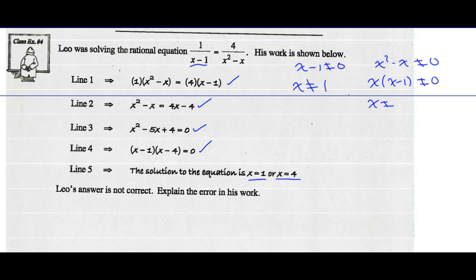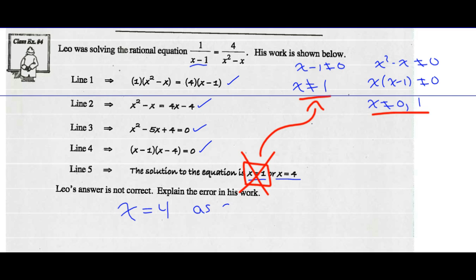So x can't equal 0 or 1. So I've got non-permissible values of x can't equal 1 or x can't equal 0. I go to my solution and it says x equals 1. But I notice that's a non-permissible value, so that should not be allowed. So the correct answer to Leo's work should only be x equals 4, as x equals 1 is a non-permissible value.